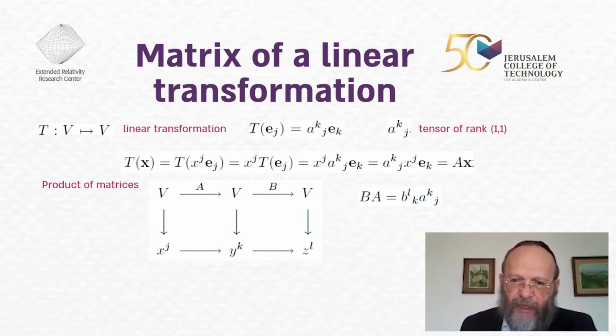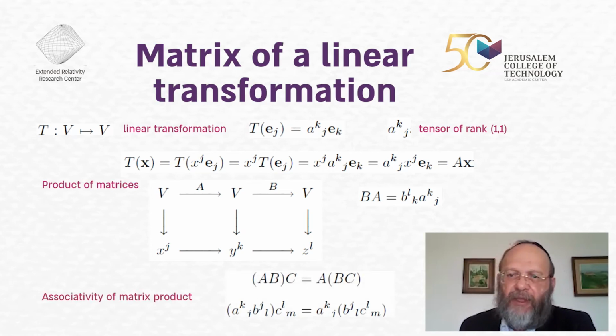Multiplication is done from the left, and then the answer has to be multiplied on the left by B. So the product is given by the matrix B times A, and it's simply a contraction by the two indices which are closer to each other, and you get another matrix.